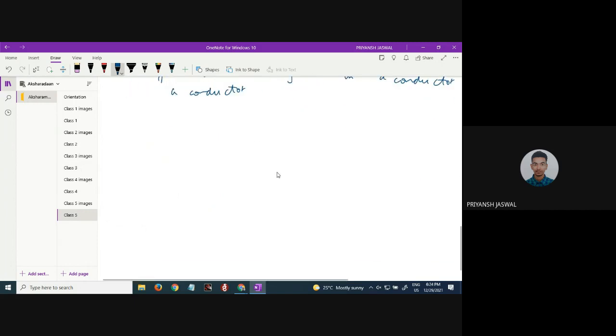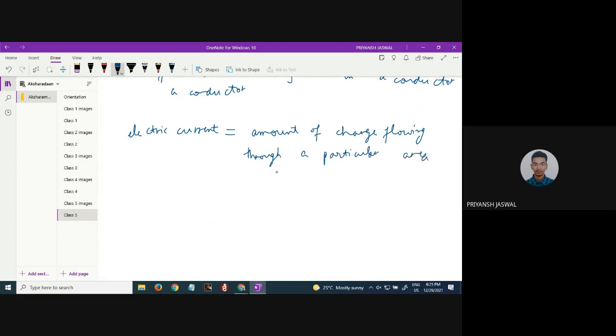And a proper definition of electric current would be amount of charge flowing through a particular area per unit time.